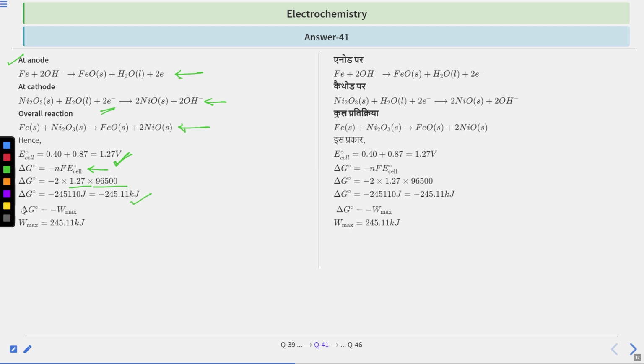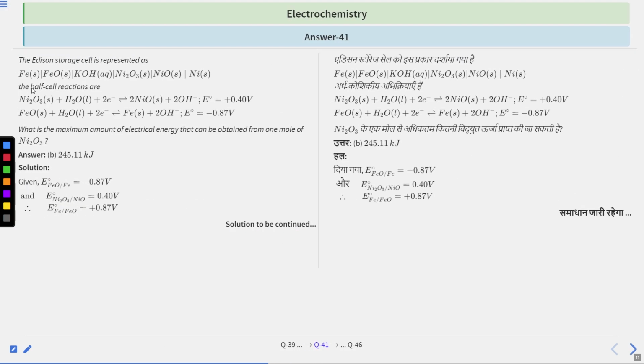Now we also know that delta G naught is equal to minus W max, minus of maximum work done. So we have the delta G naught which is minus 245.11. We just put it here. Minus minus will become plus, and the maximum work will be equal to 245.11 kilojoule. This is our final answer, and the correct answer is option B.